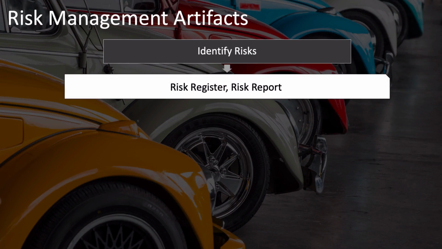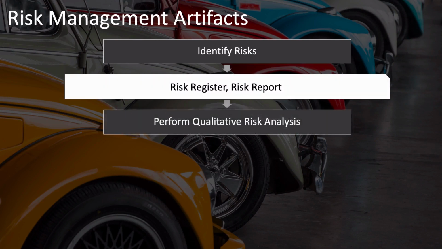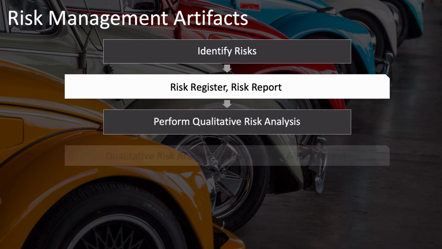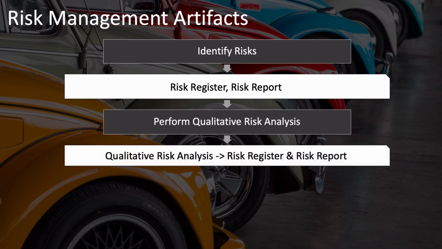But then you have a couple of interesting processes. The first is perform qualitative risk analysis, which generates the qualitative risk analysis, which is actually stored in the risk register and risk report. In the PMBOK guide, you'll see risk register and risk report listed as outputs, or updates to them listed as outputs of this process.